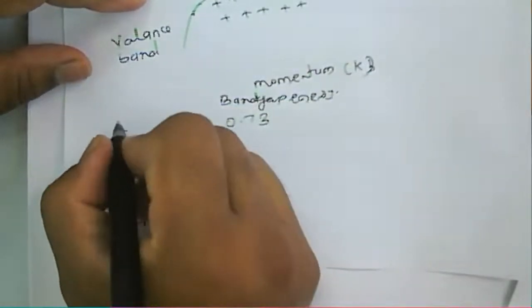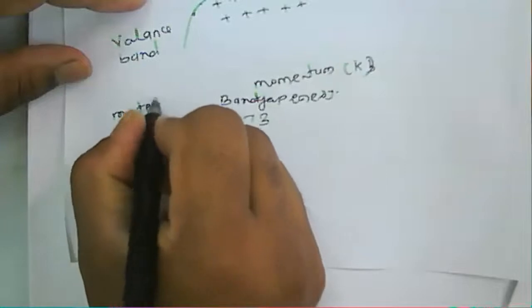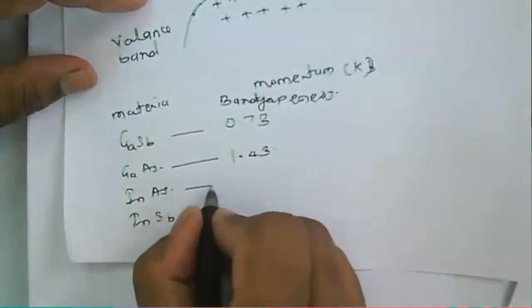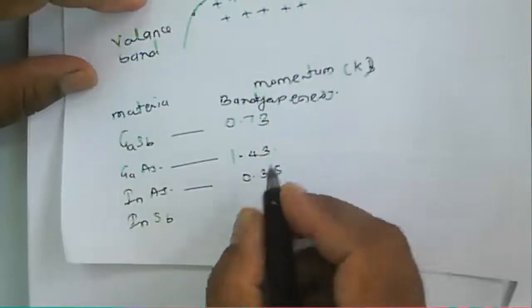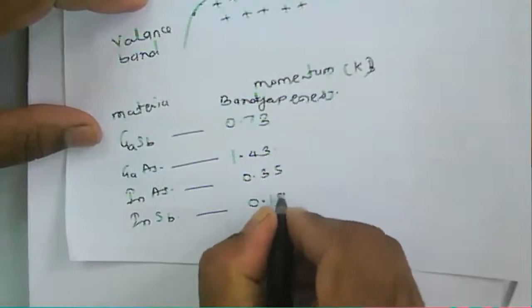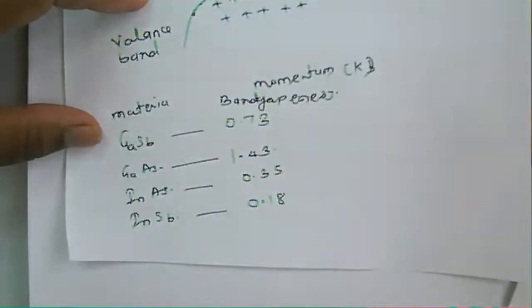Here we have another material, and the band gap energy is about 1.43. We have the 0.35 energy band gap, and here we have an energy band gap of 1.8.